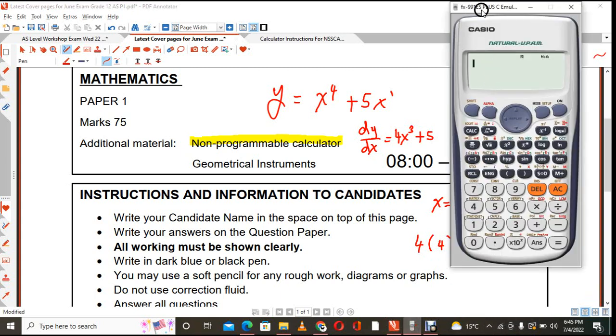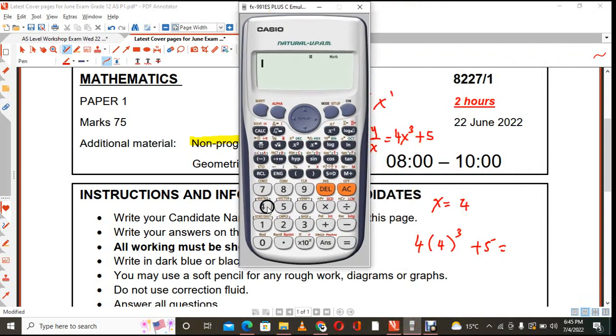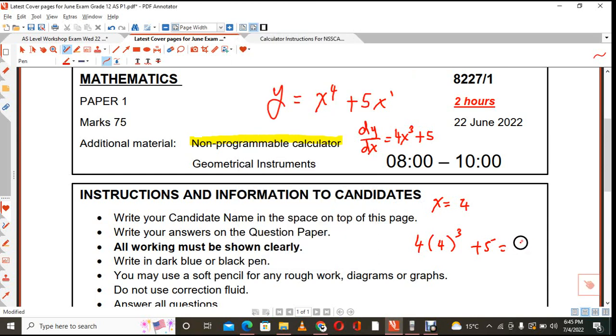So we get that value. So that's 4, open bracket, 4 cubed, plus 5. Okay, so it gives us a whopping 261. All right, now in order for you to find this, supposedly you had to differentiate. So one has to see how you differentiate. Then you substitute that into the derived function in order for you to get that value.